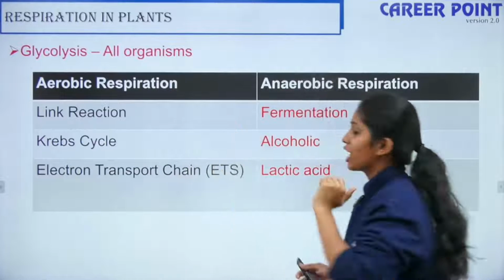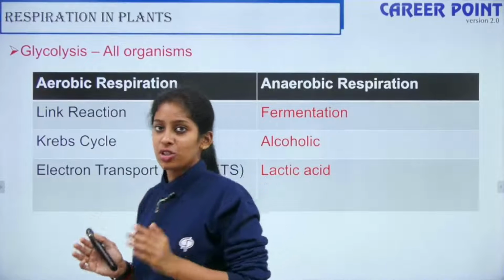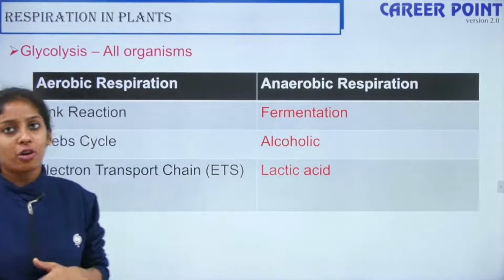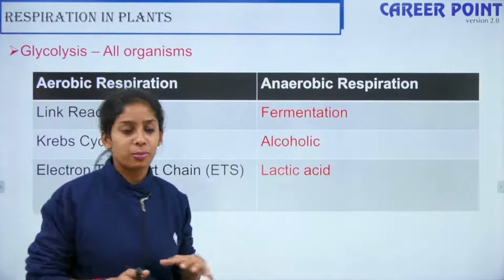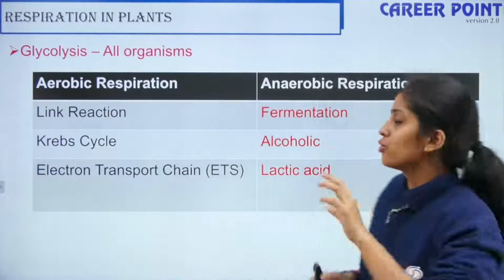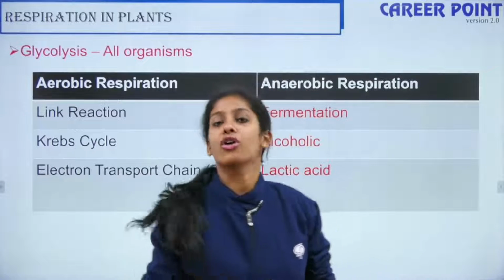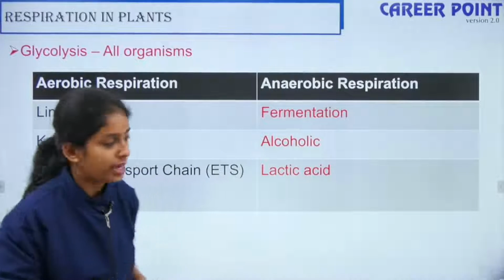When it follows aerobic respiration, right after glycolysis, it moves into the link reaction and the Krebs cycle, and then it follows the ETS, that is the electron transport system. When it is undergoing anaerobic respiration, it follows fermentation. It can be either alcoholic fermentation or lactic acid fermentation, right?